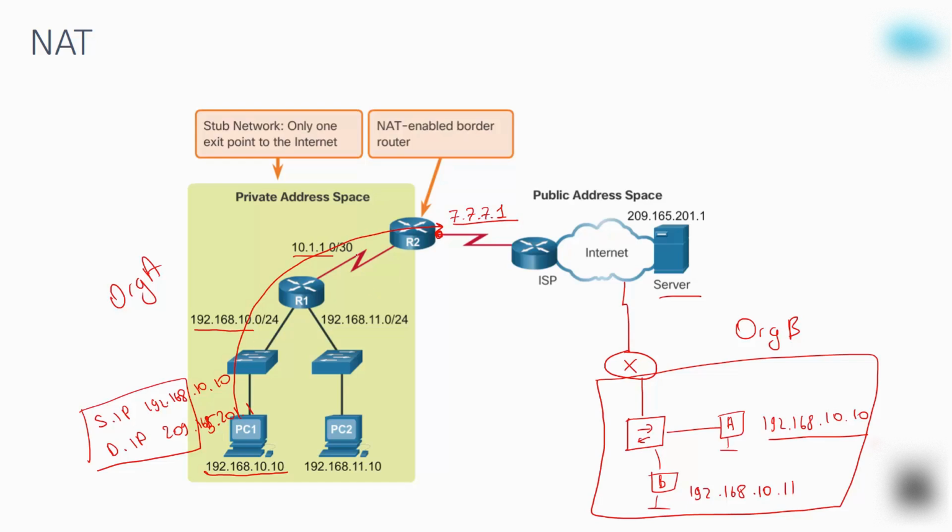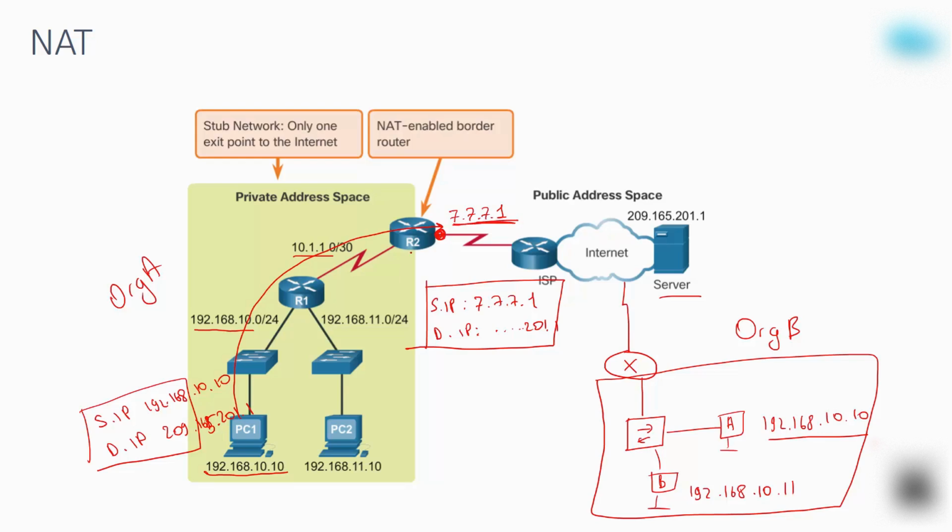When this packet leaves router 2, if it is configured with NAT, NAT will change the packet source IP address from 192.168.10.10 to 777.1, and the destination IP address will be the same, 209.201.1, so that when the server receives the packet, it will think that it is communicating with this IP address.